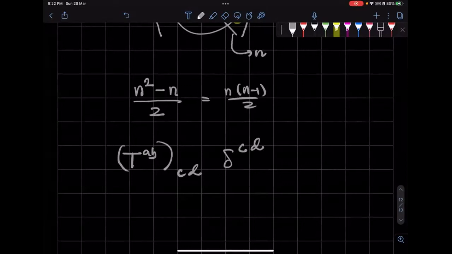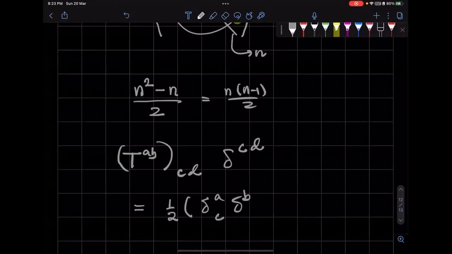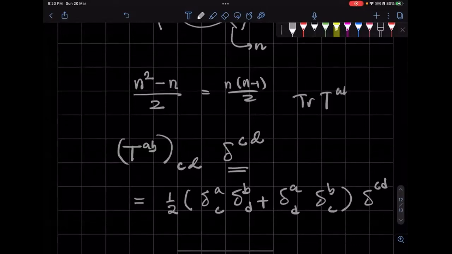So if I now go back to my original expression, it's delta_{ac} delta_{bd} plus delta_{ad} delta_{bc}, and then we are tracing it with c and d, because this is the identity. So basically the trace of T^{ab} is equal to T^{ab}_{cc}, right?